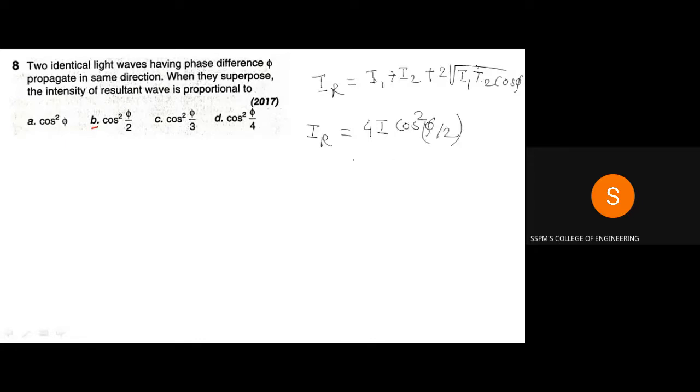Okay. So IR, resultant intensity, is directly proportional to cos square phi by 2.